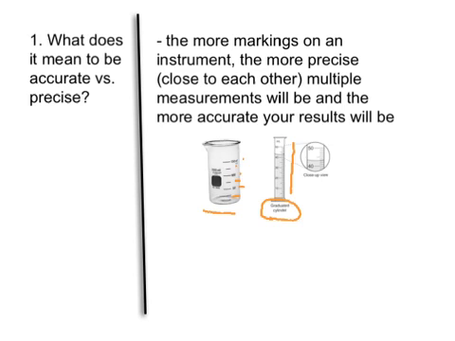So the more markings you have on your instrument, the more precise, or how close to each other multiple measurements will be, and the more accurate your results will be, because you'll be spot on. It's 32.5 milliliters, rather than if you've got the same amount in the beaker, you're like, well, it's 30 something. So again, the more markings you have, the more precise and accurate your measurements will be.